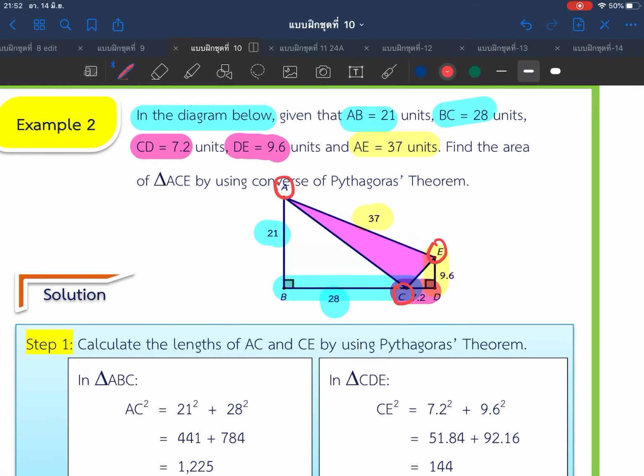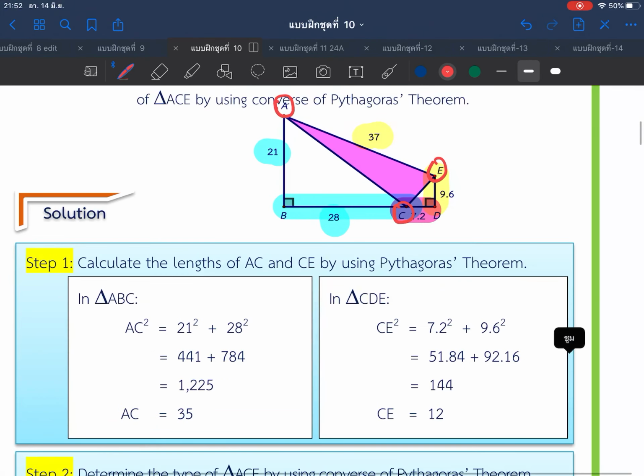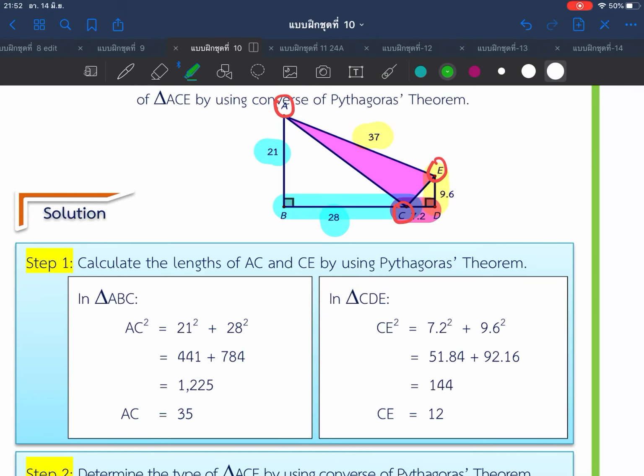So what can we do? Step number 1, we have to look at the diagram. From the diagram, what do we have to know? We have to know the length of AC. Where is AC? AC is here. And we also want to know the length of CE here. We have to use the Pythagoras theorem first.